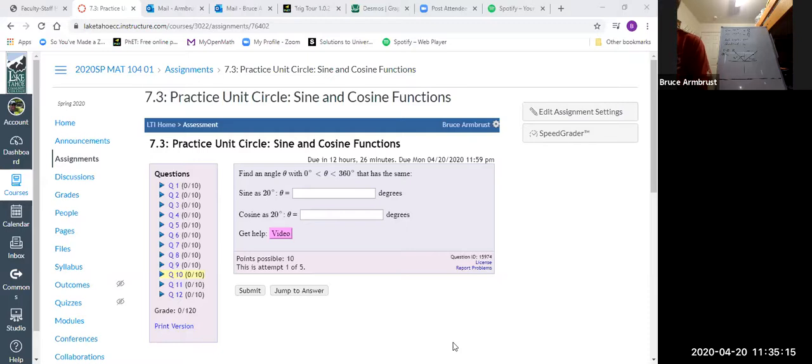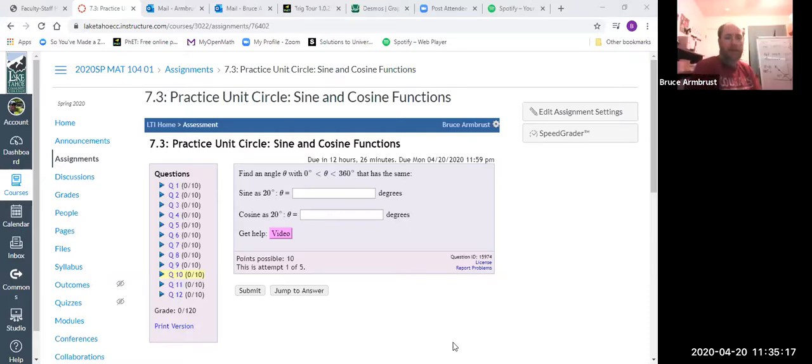All right, so this one says, we want to find an angle theta that's somewhere between 0 and 360 degrees that has the same sine as 20 degrees and the same cosine as 20 degrees. All right, so let me just write this information just so you've got it. Really the important thing for me to remember is that 20 degrees.